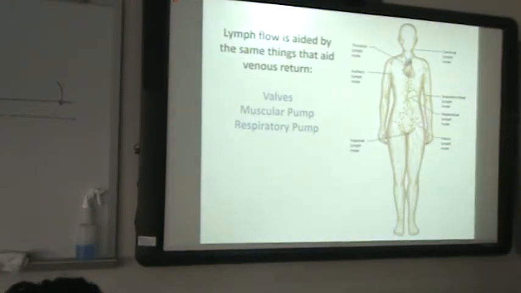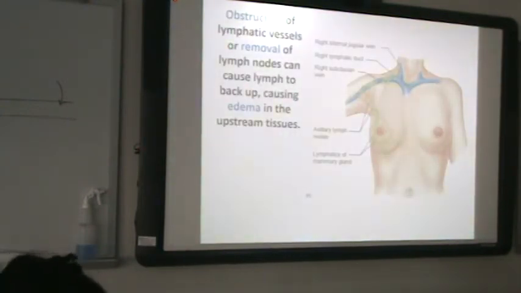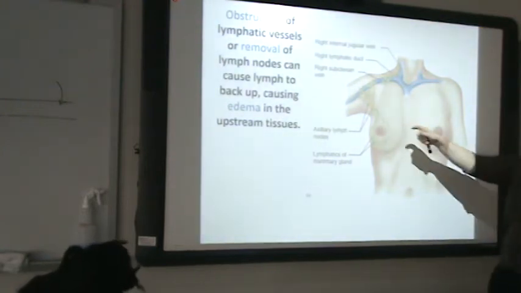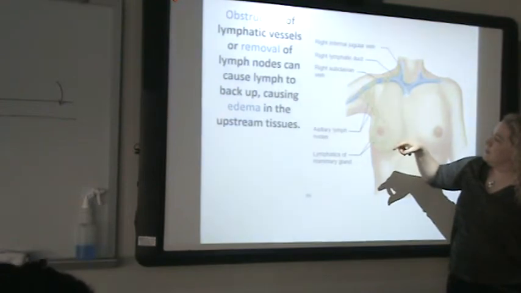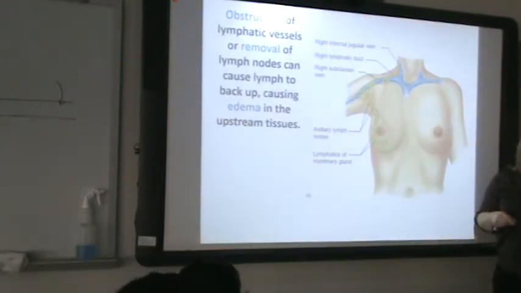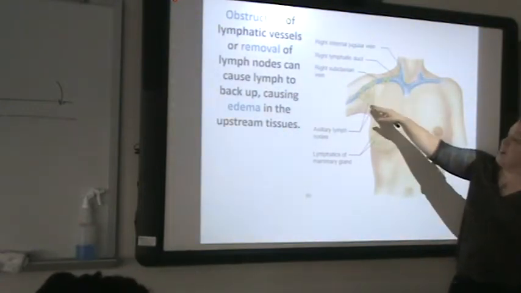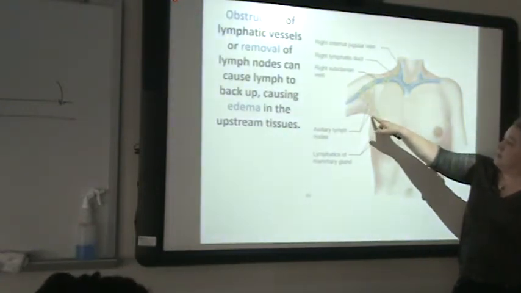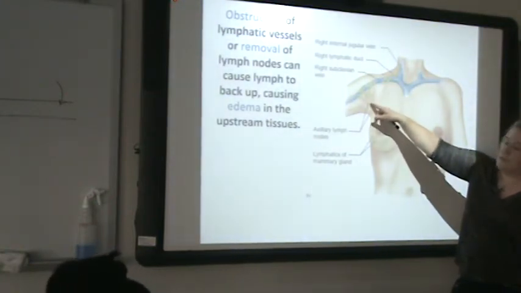So when people have sentinel nodes taken out for breast cancer, they're usually in here somewhere. Where are they going to swell? Didn't you say the axilla? These are axillary. Isn't that where you said they would swell up for breast cancer? Usually one of these. Where would they swell?